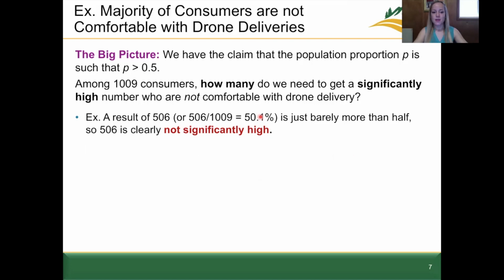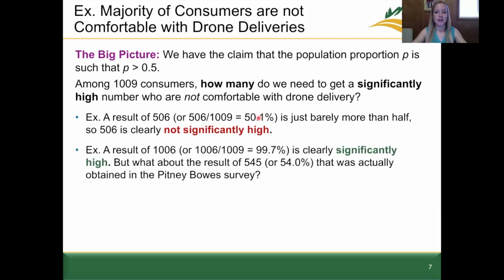What about surveying 1,009 consumers again, but now we get a result of 1,006 consumers not comfortable with drone deliveries. To find the percentage again, we can take 1,006 divided by 1,009, multiply that by 100 to get that into a percentage. That's 99.7%.